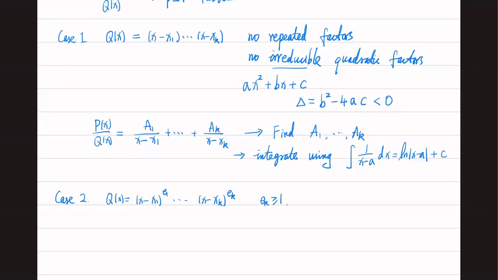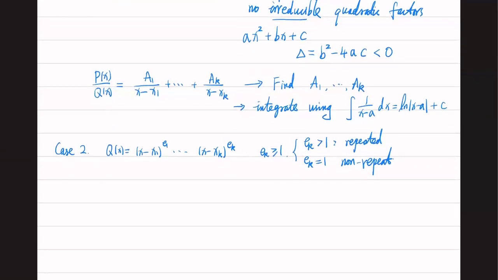If the power is bigger than 1, it's repeated. Equals 1, non-repeated. Okay. In this case, we set up the decomposition.